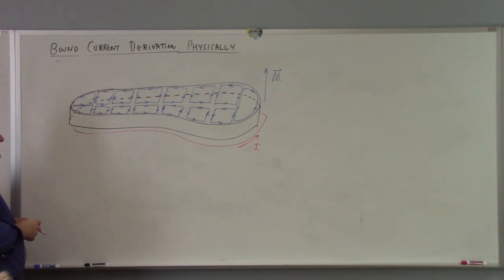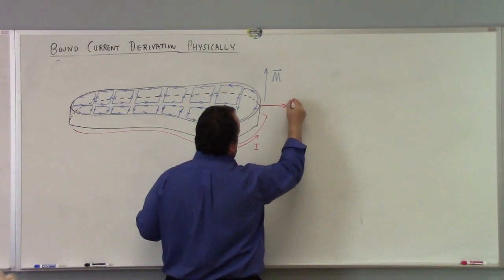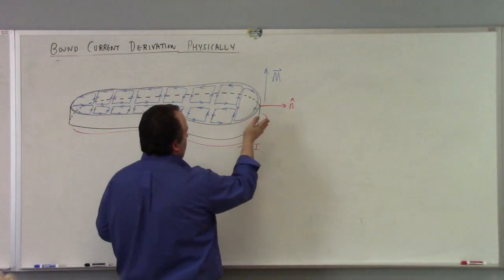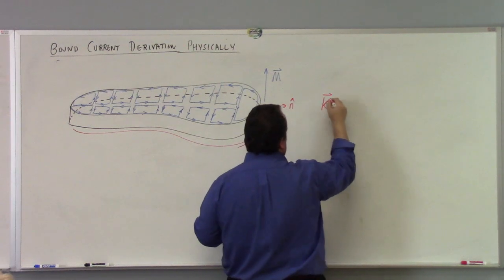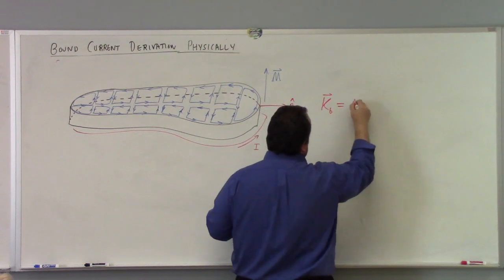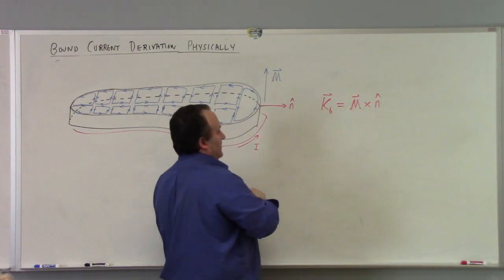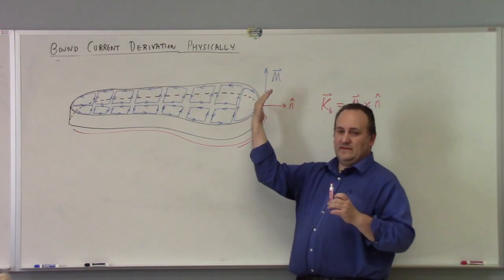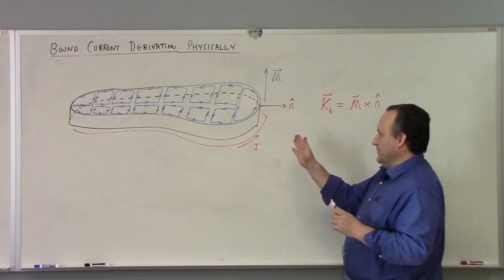If you were to look at the n hat here, you can see that this suggests that the bound surface current is M cross n hat. That gives the right direction. If I do M and I cross into n hat, into the board, which is what we're seeing there.